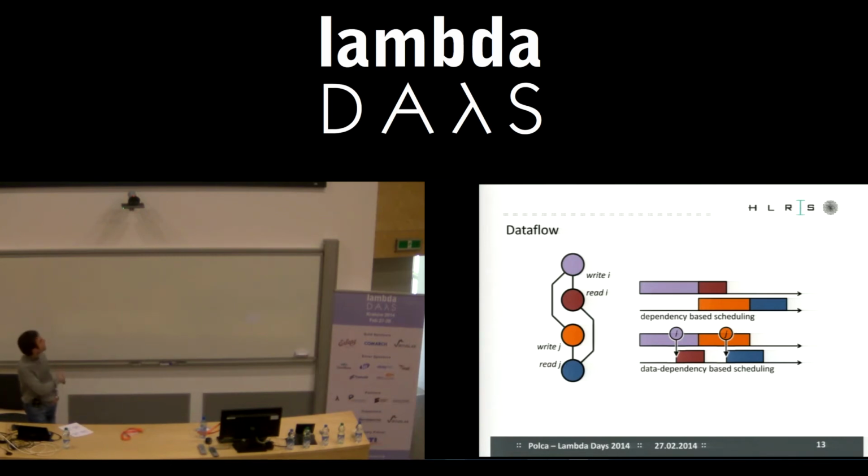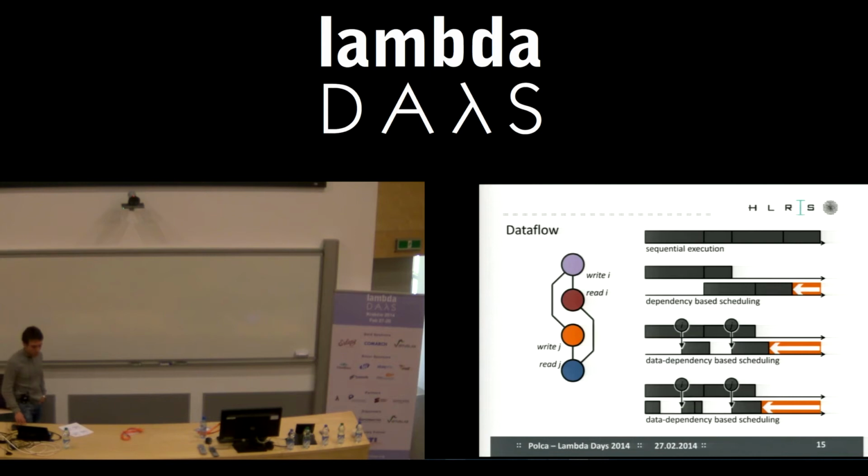And as you can see, the total execution time is a bit reduced. We can do even better. If we know when it's going to read, we can stop the task when it's about to read, wait till the data is written, and then continue. With this data flow, we can improve the execution time.